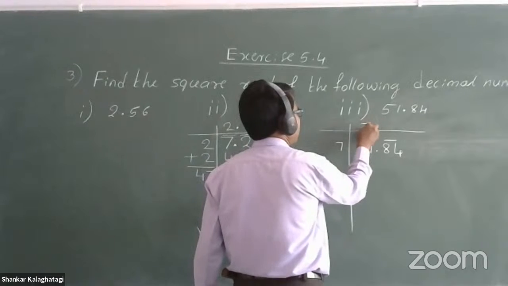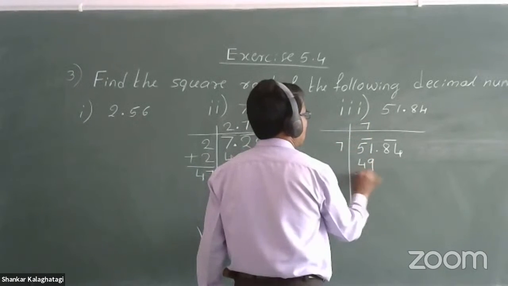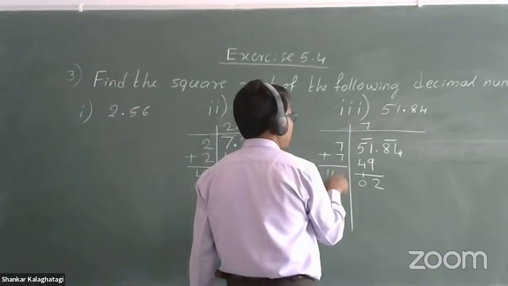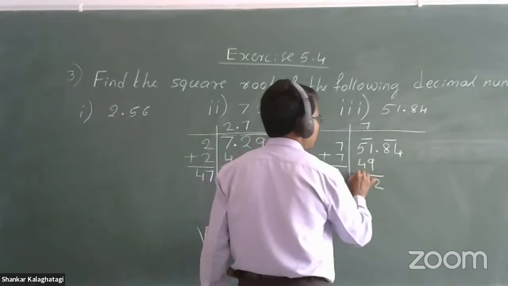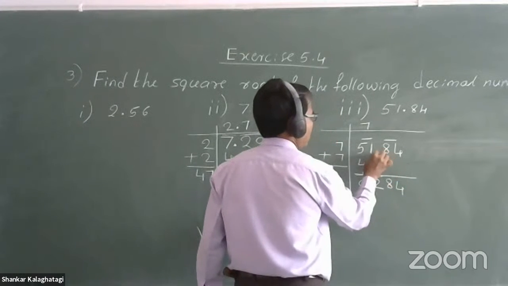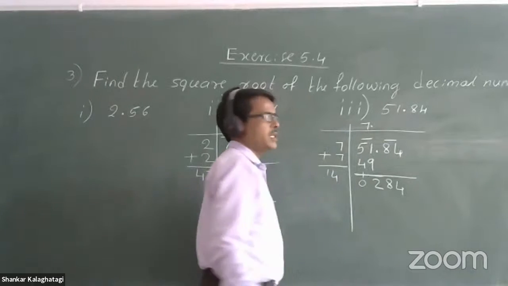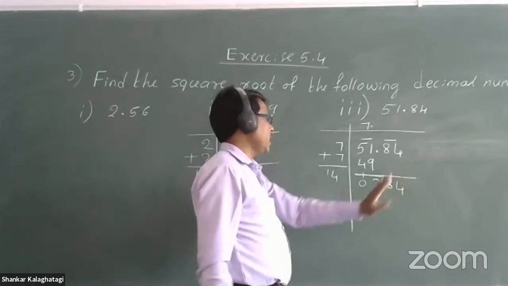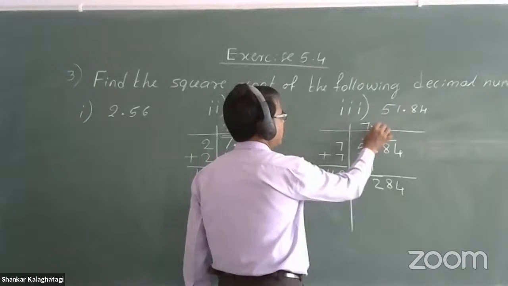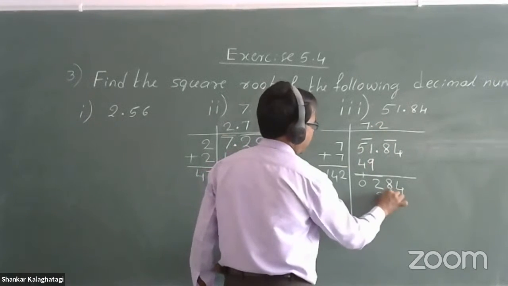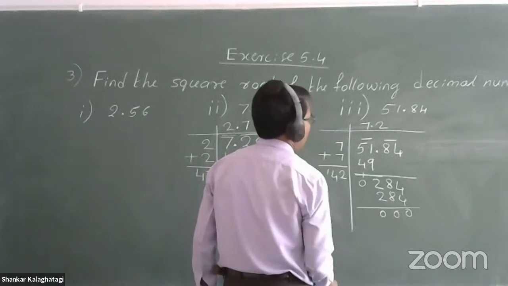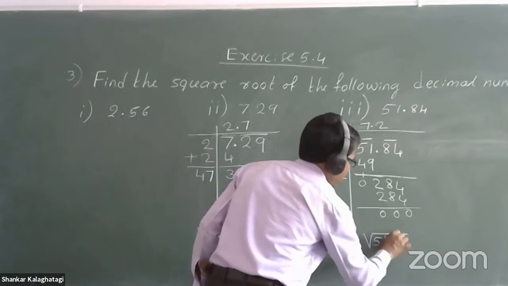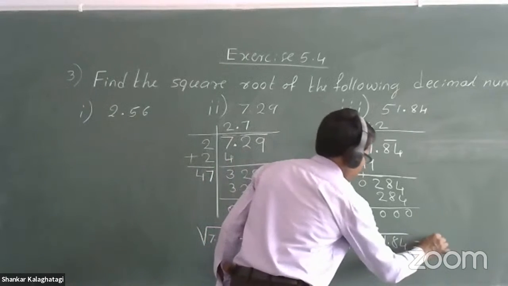So 49, minus. 2, add 2, 7 plus 7, 14. Now after the decimal point 84 is there. You take 84 down. After the decimal point you took it, so you put a decimal point. Now close this. 14 2s are 28. Check with 2. 142 2s are 284. Yes, sir, correct. 0 0 0. Square root of 51.84 equals 7.2.